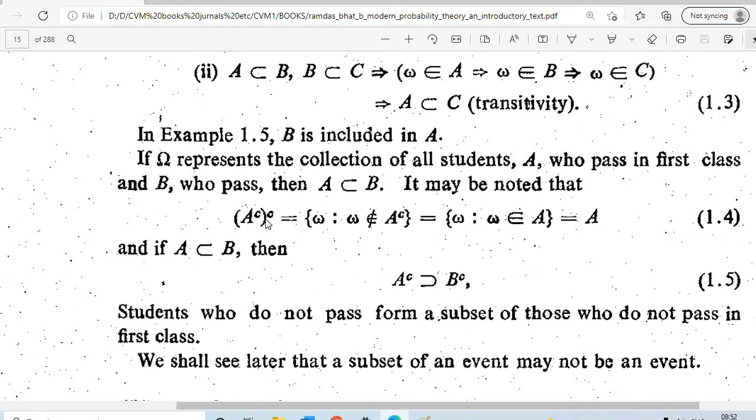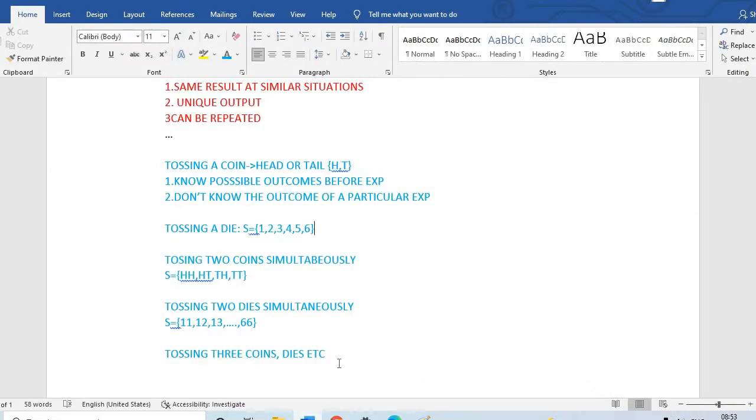Another property is A complement all complement. Look at equation 1.4. A complement all complement. What is complementation? That is a set of all omega such that omega does not belong to A complement. Let me write it here, otherwise there will be confusion.